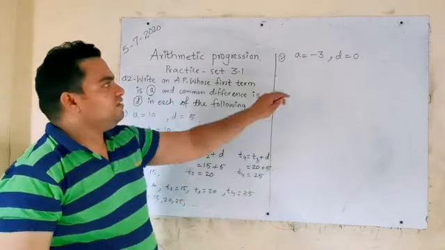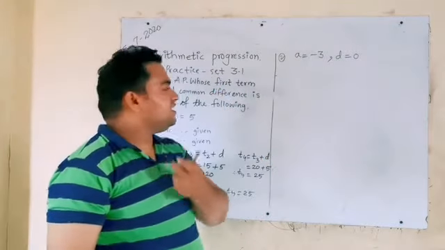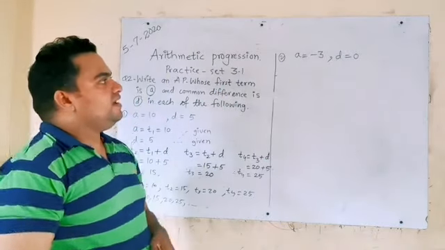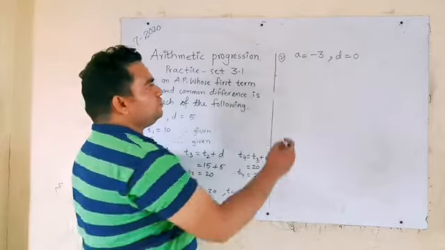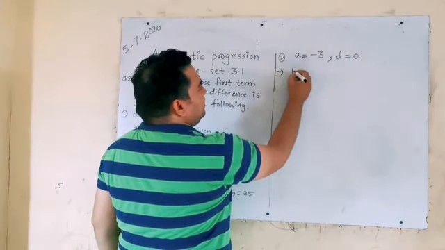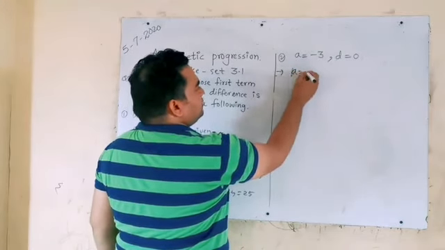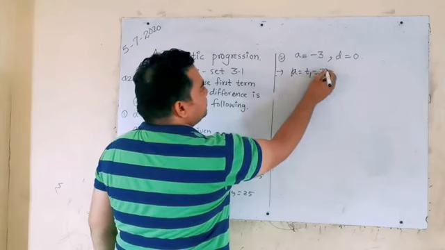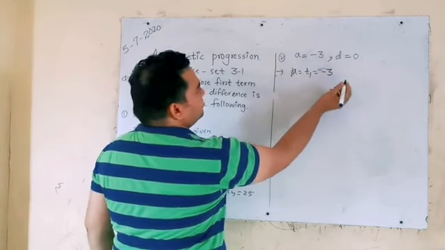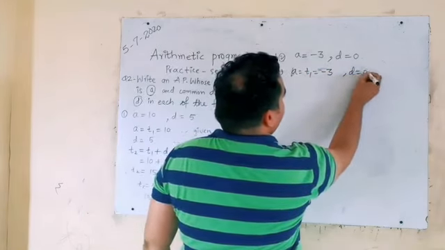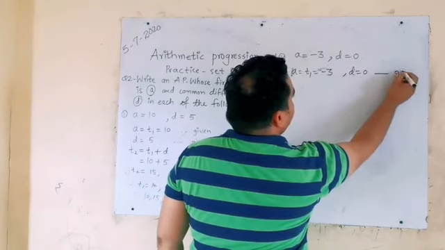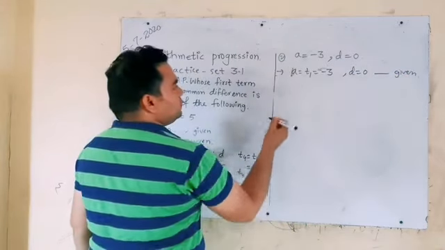The next question you see here, question number 2, is a equals minus 3 and d equals 0. So we know that a is the first term, that is minus 3, and d equals 0. These values are already given. So what do I have to find?